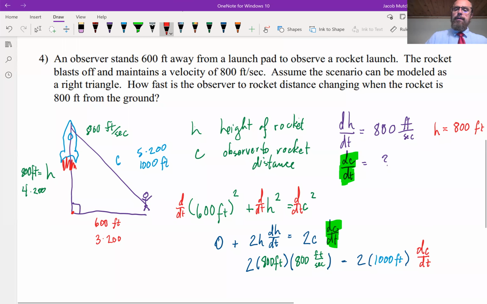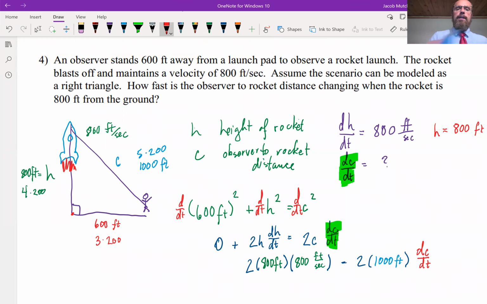At this point, I just need to solve it for dC/dt. So what I see here is I've got a 2 on each side of the equation that can cancel by division. I've got 1,000 on this right side. If I divide this left side by 1,000, it's going to take away 3 of these zeros. And what that tells me is dC/dt equals 8 feet per second times 80 feet.